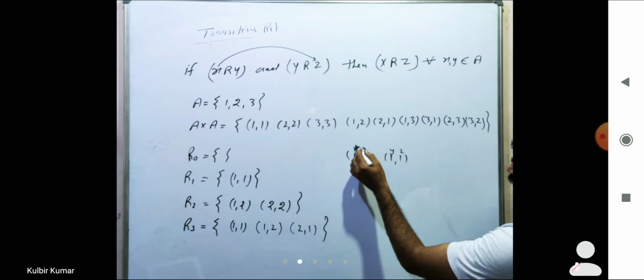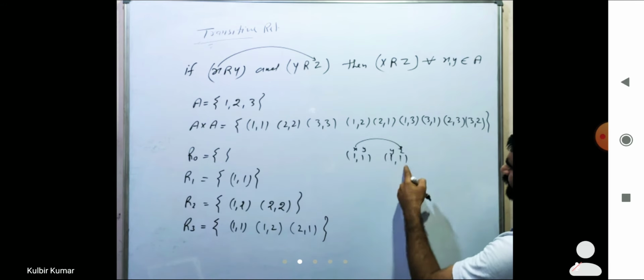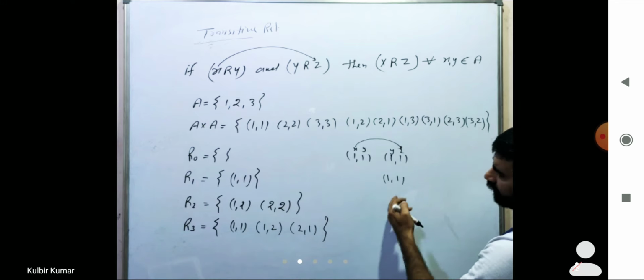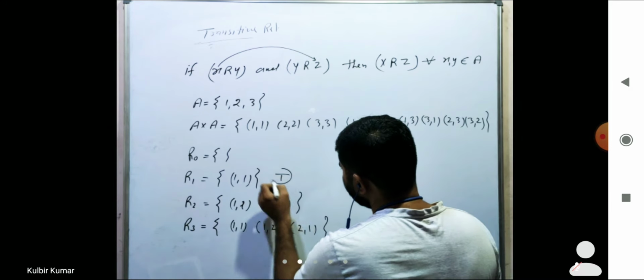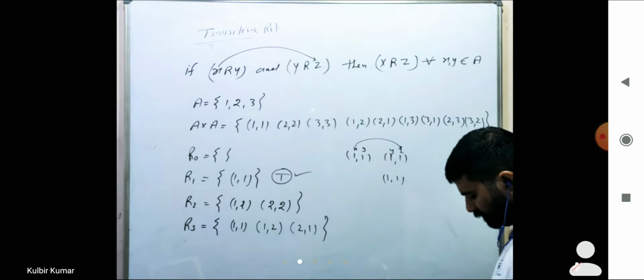So क्या होगा x comma z, this is again 1 comma 1, और 1 comma 1 एग्जिस्ट कर रहा है. सो फाइनली डायगोनल से ट्रांजिटिव में कोई प्रॉब्लम नहीं आएगी, इट इज ए ट्रांजिटिव, राइट? This one is transitive.